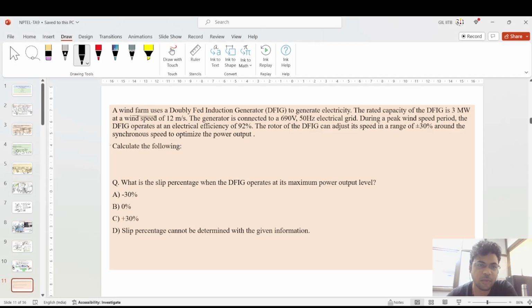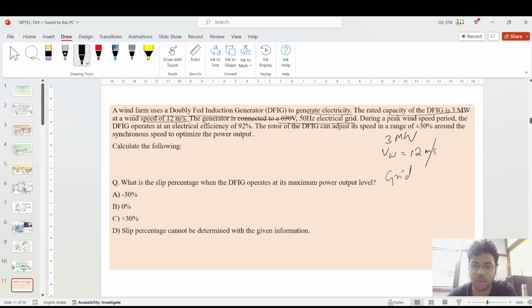Okay, let me explain this question. It says that a wind farm uses a doubly fed induction generator to generate electricity, and the rated capacity of the DFIG is 3 megawatt, at a wind velocity of 12 meters per second.